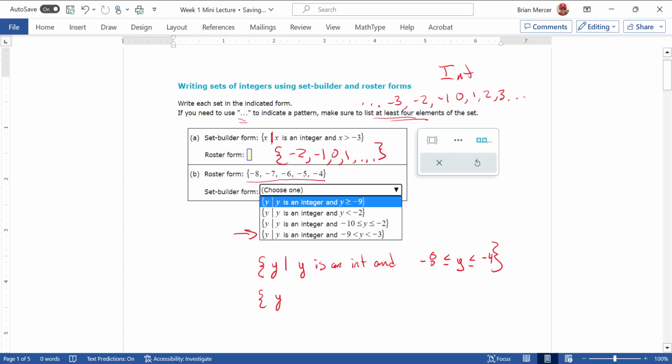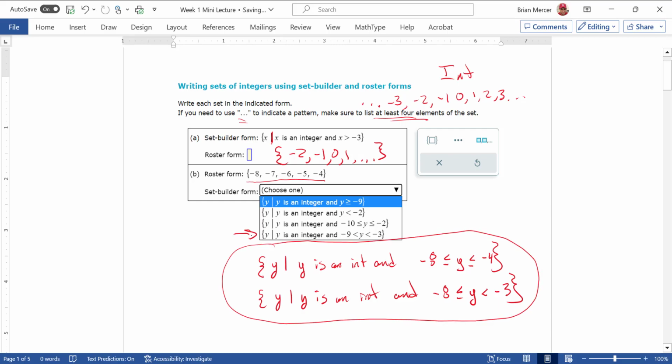You could say y such that y is an integer, and you could write -8 less than or equal to y less than -3. And you could do one more where you wrote the -9 on this side and less than or equal to -4 on that side.